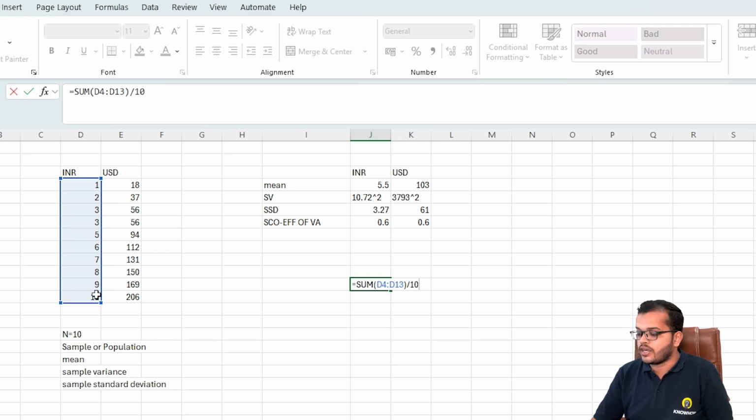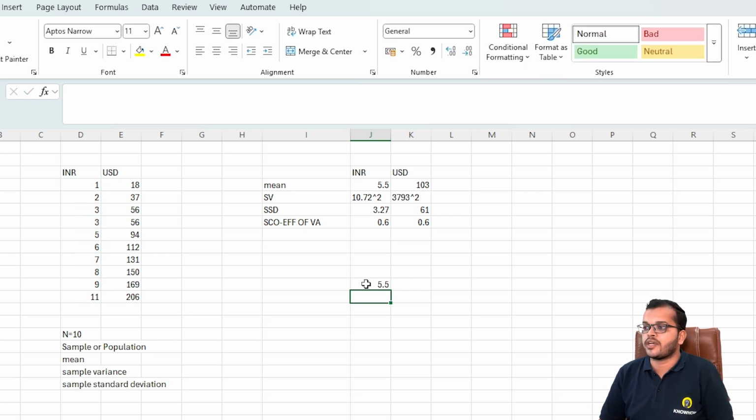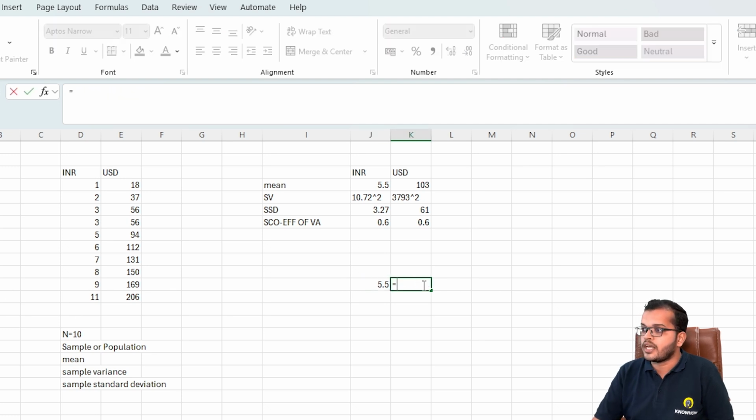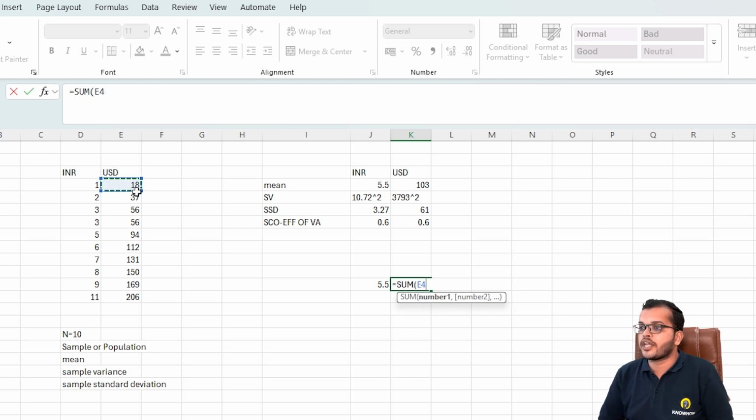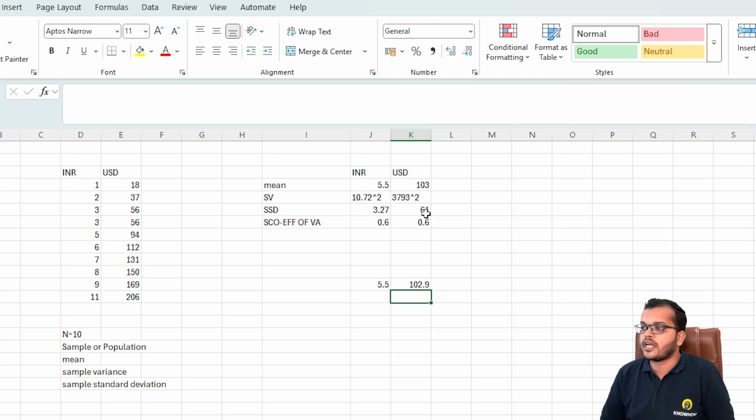So equal to the sum of all these values, divided by 10, the number of intervals, we get 5.5. The same way for this one, equal to the sum of all these values divided by 10, which is my number of intervals. I calculate it as 102.9, and the round figure I have considered is 103.